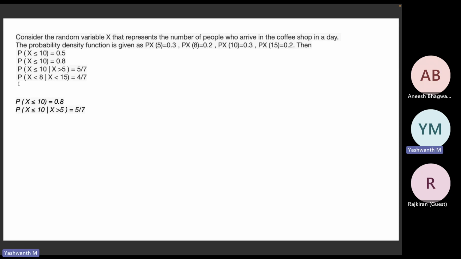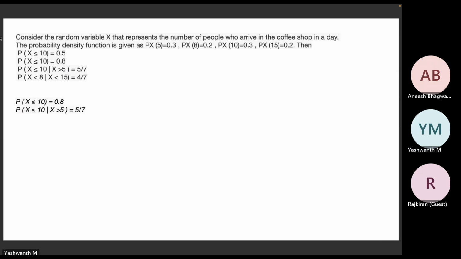And for these, how do you do this kind of thing? I'm explaining the second point, the correct solution.